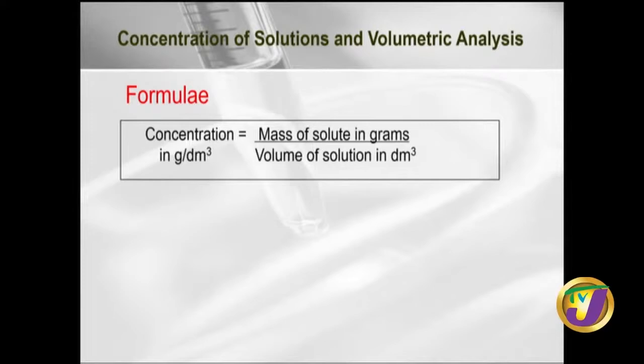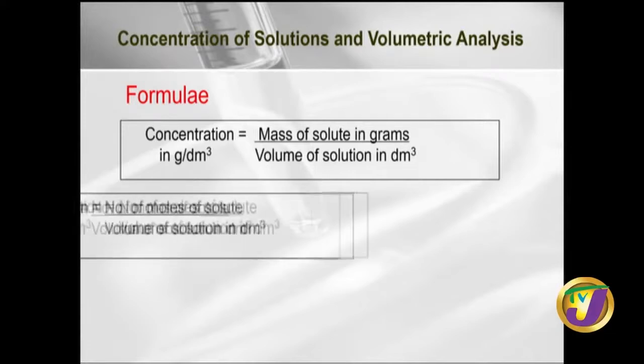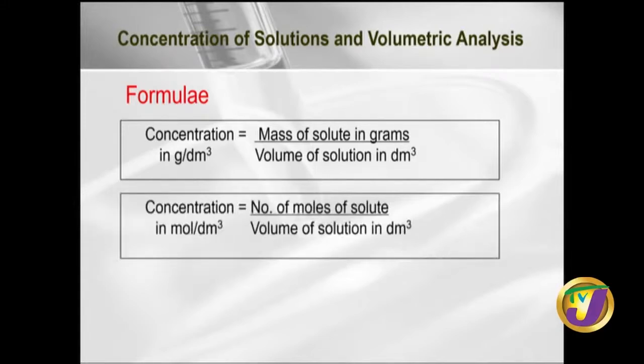So we can use gram per dm cube to give us our concentration, or we can use moles to give us concentration, depending on what the question is asking. The question can ask you to find molarity. Remember, we can substitute the word molarity for when we're finding moles per dm cube, right?